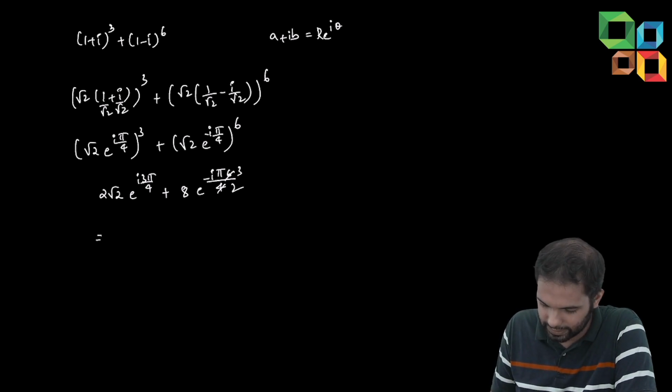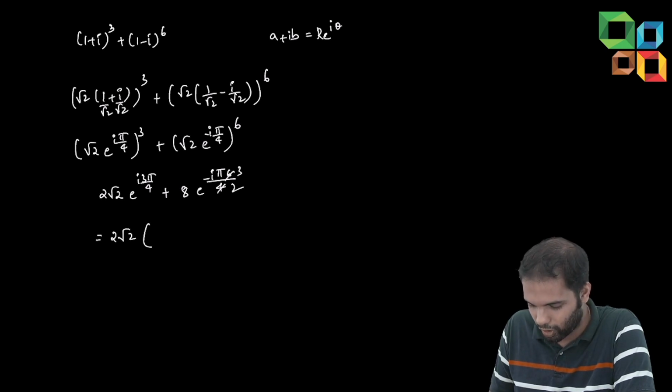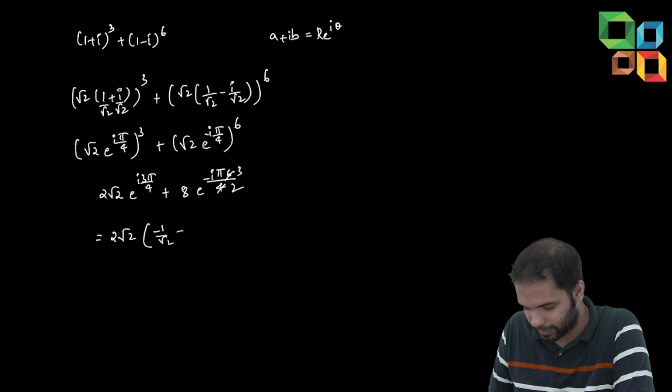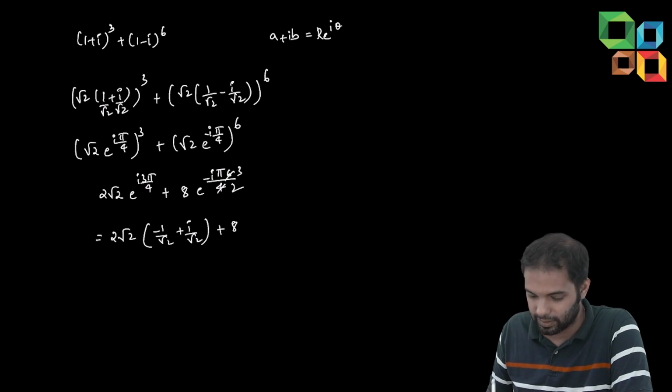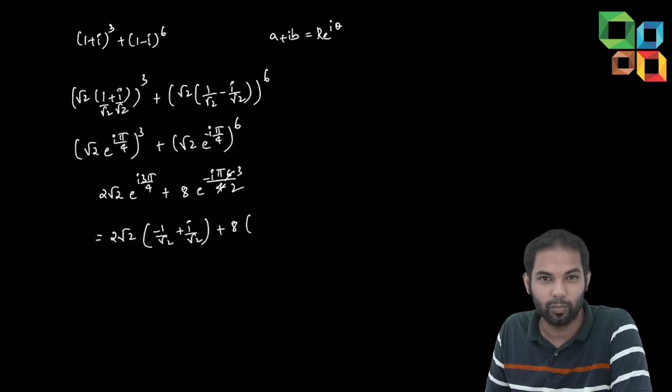Now see, look at this. You can directly calculate 3 pi by 4. Cos of 3 pi by 4 is minus 1 by root 2. Sin 3 pi by 4 is plus 1 by root 2. The other part is minus 3 pi by 2. Okay, so cos of minus 3 pi by 2 is 0.